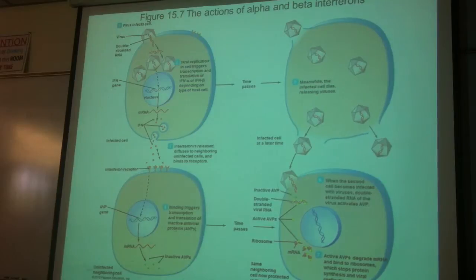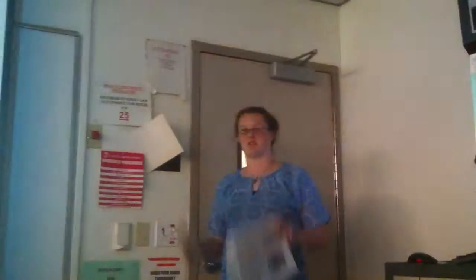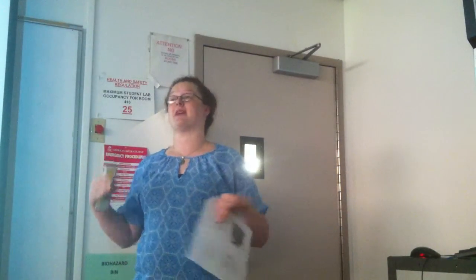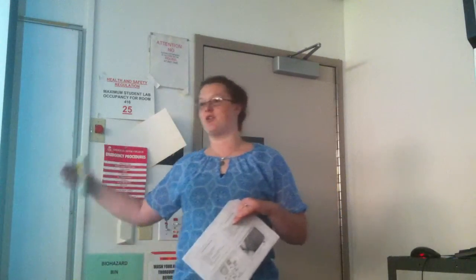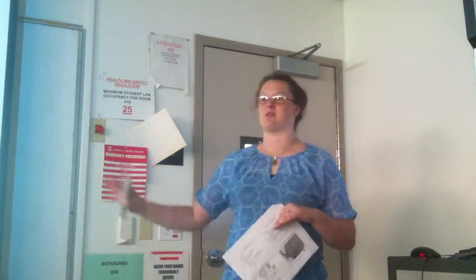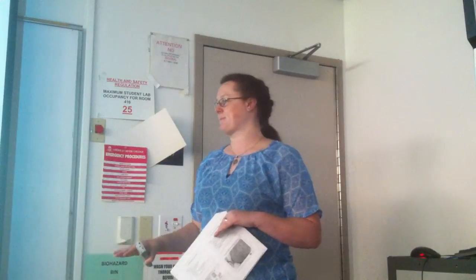Let's gum up the works, stop all production, because we don't want to make this virus anymore. We will sacrifice our own ribosomes and make it so they can't work, just to stop this from being replicated and translated. Okay?